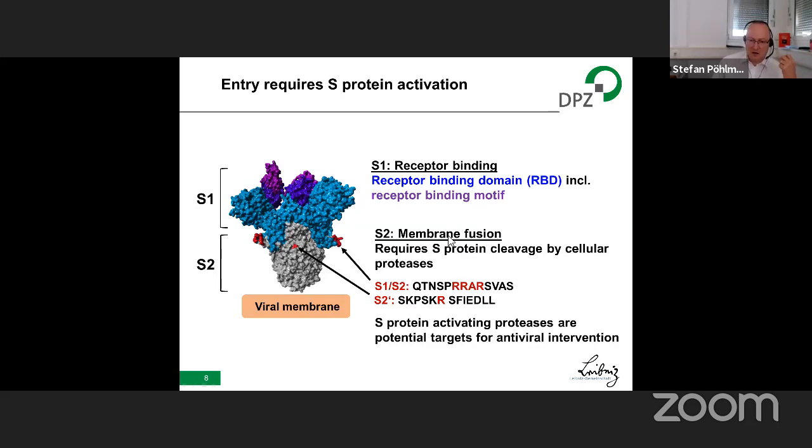And then there's the S2 subunit that mediates fusion of the viral membrane with a host cell membrane. And for this, it needs to be cleaved by host cell proteases. And this cleavage event occurs at the S1/S2 site and the S2 prime site. And importantly, this cleavage is essential for viral infectivity, and therefore the responsible cellular proteases are potential targets for antiviral intervention.